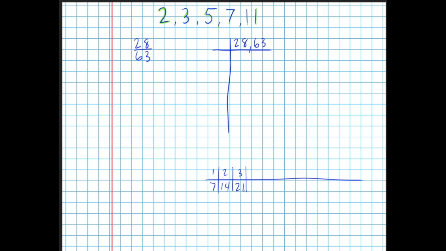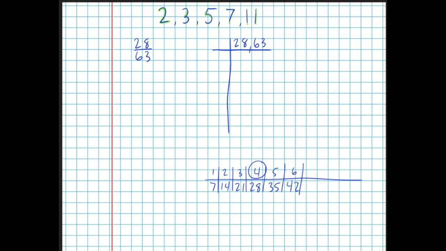And 21 plus 7 would give me 28, which is 7 times 4. Oh, 28. Interesting. Okay, so now the next number, 28 plus 7, would give me 35. And that's 7 times 5. 35 plus 7, that would give me 42. And that's 7 times 6.